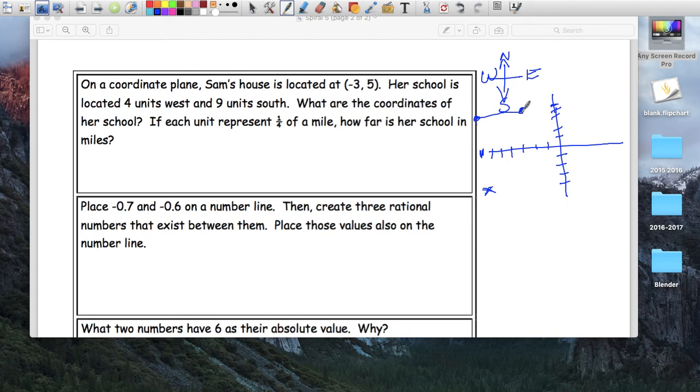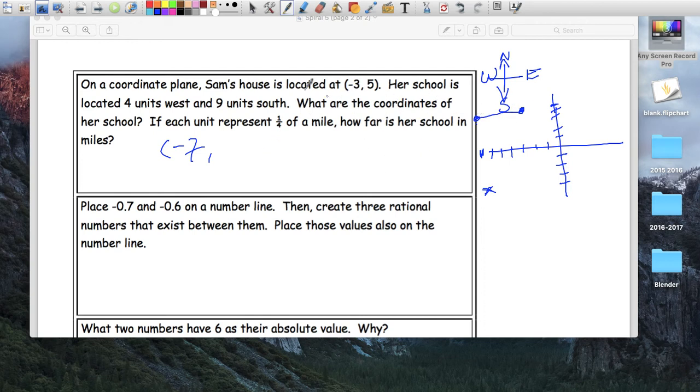-3 with 4 units west makes it -7. I know that this is -7 on the, I'm sorry, not on the y-axis, on the x-axis. So she's not on -3 anymore. She's at -7 because she moved 4 west. And then 9 south, well, she's at 5.